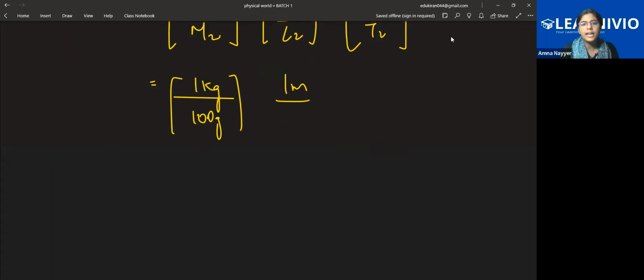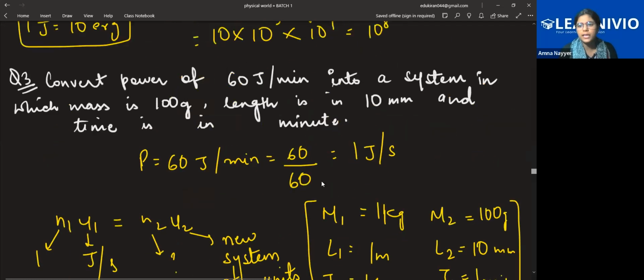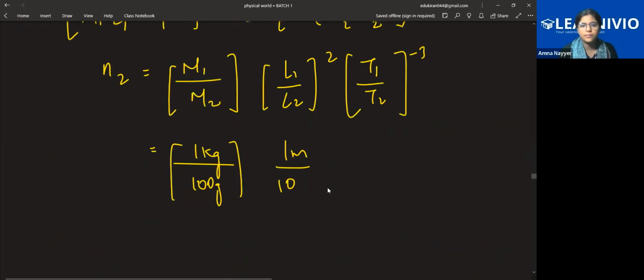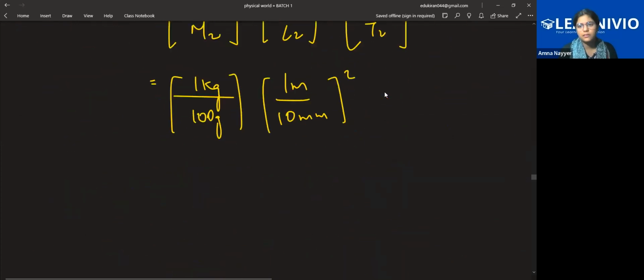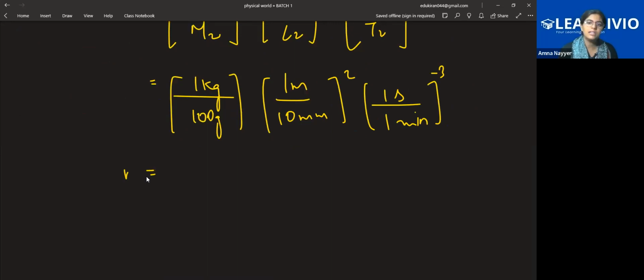L2 is given as how much? 10 millimeters, to the power square. And time, this is given as 1 second divided by 1 minute to the power -3. Now what we have been doing, we have to convert and bring all in the same unit so that this can be cancelled. So 1 kg can be written as 1000 grams.